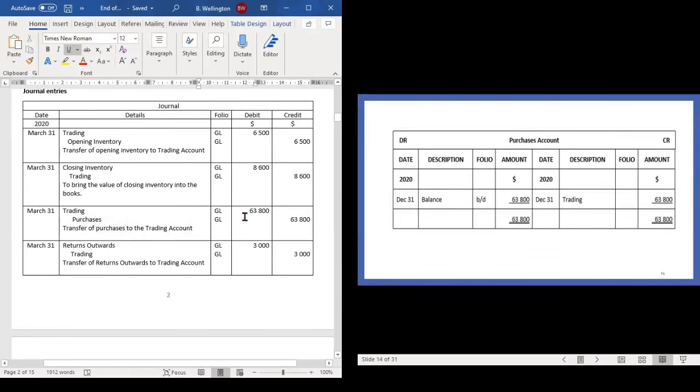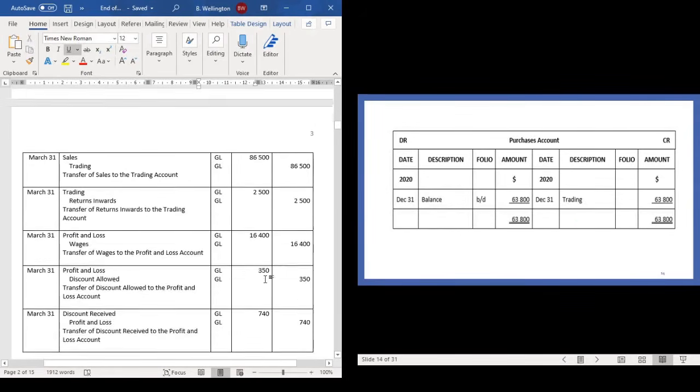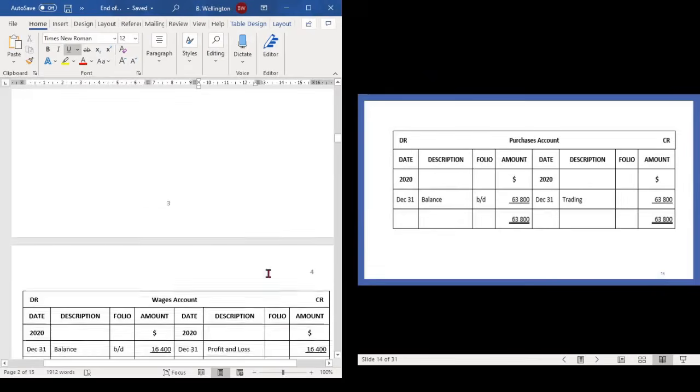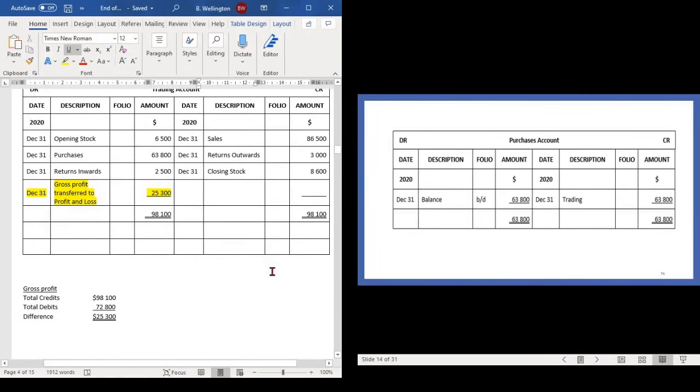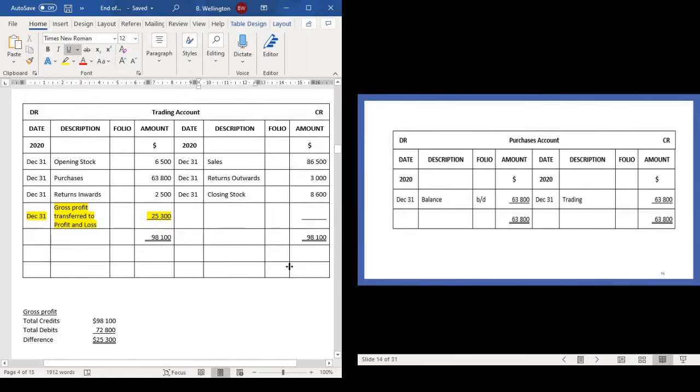Credit the purchases account. Now, when you make that credit entry, it will cause both sides of the account to have the same total. That means the account is now balanced and there is no balance on it. No balance to be carried forward. Okay, it is balanced. Okay, now let us look at the corresponding entry in your trading account.